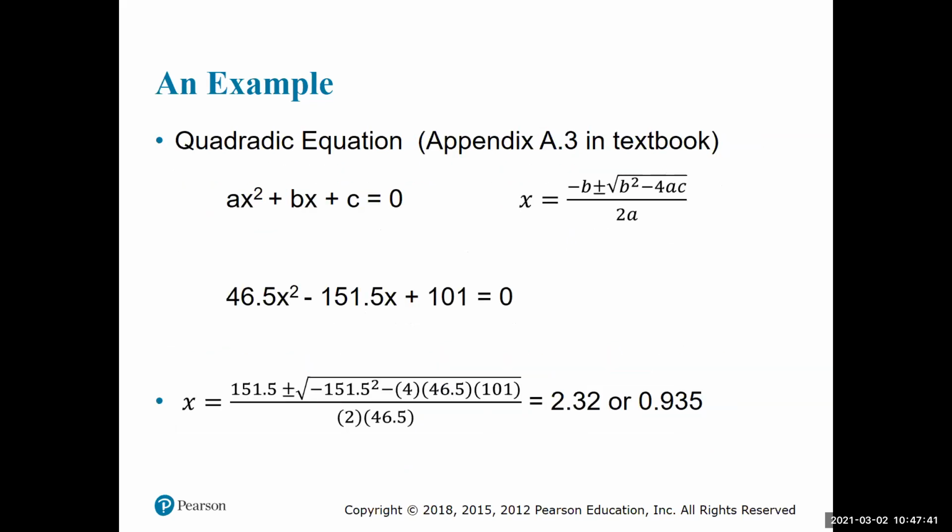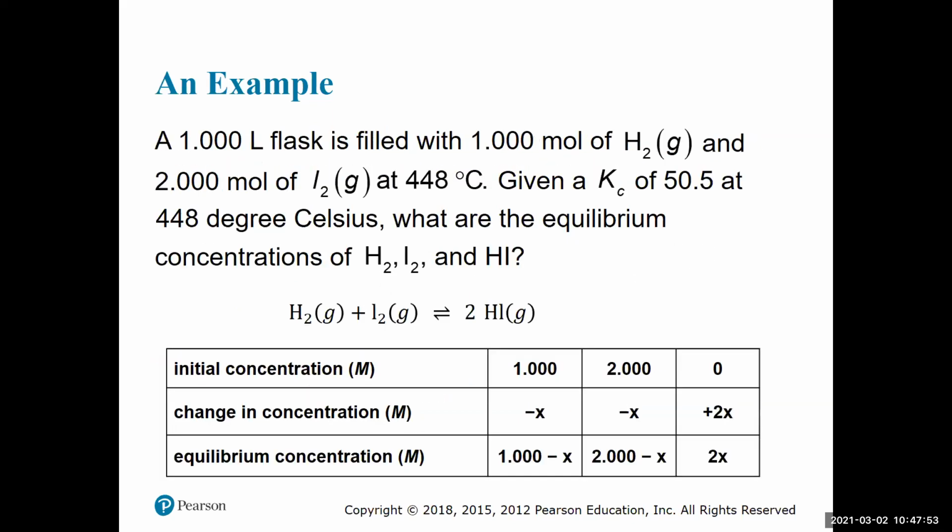Well, we just did our calculation, and we're saying x is equal to 2.32 or 0.935. How are we going to use this x number? We're going to use it in this bottom row here. We're going to take 1 minus x, 2 minus x, and then 2 times x to calculate those equilibrium concentrations.